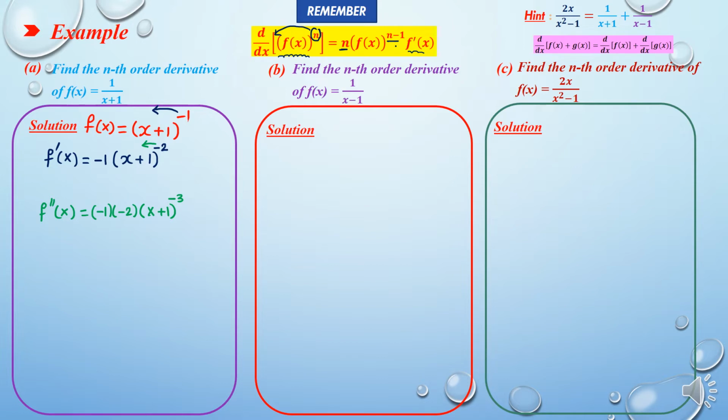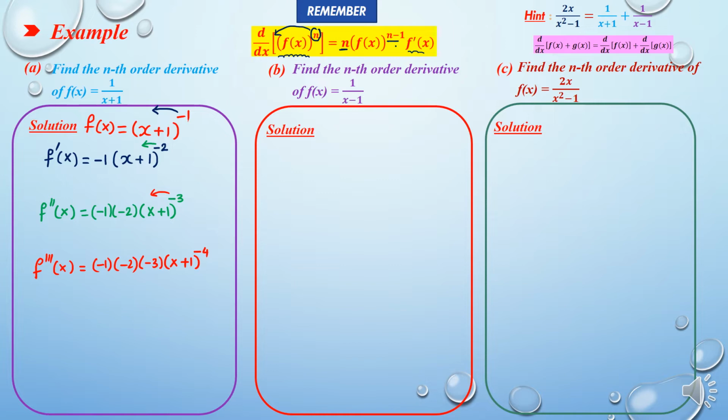Now the third derivative of this function, f triple prime of x, is negative 1 multiplied by negative 2 multiplied by negative 3 multiplied by (x plus 1) to the power negative 3 minus 1, which is negative 4, multiplied by the derivative of the inside function. The derivative of x plus 1 is 1 again, so no need to multiply by 1.